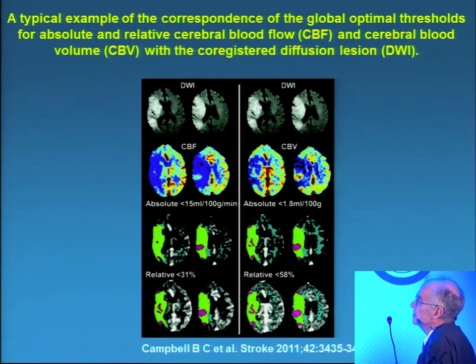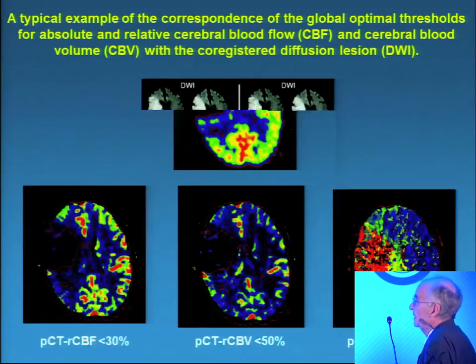There you see the correlation between CBF, CBV, and diffusion-weighted imaging, and the absolute value of 15 and the absolute value of 1.8 milliliters per 100 gram per minute for the prediction of the irreversible damage.